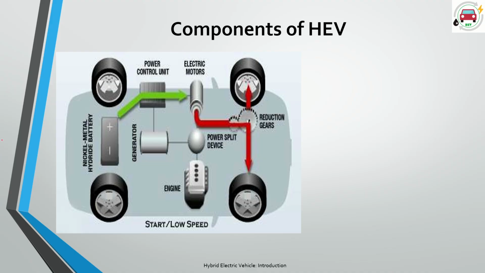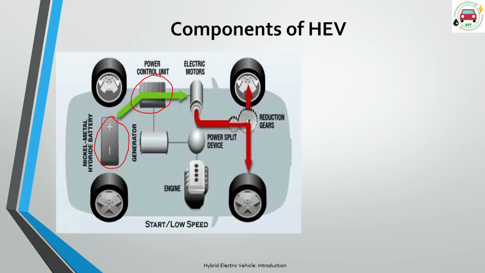So here we can see first the battery. Okay, nickel metal hydride batteries. So this is the power source. Okay, then we are having the control unit, right? And the power is going through this control unit.